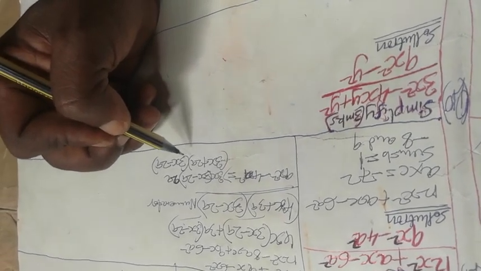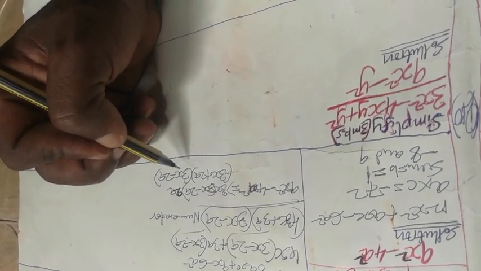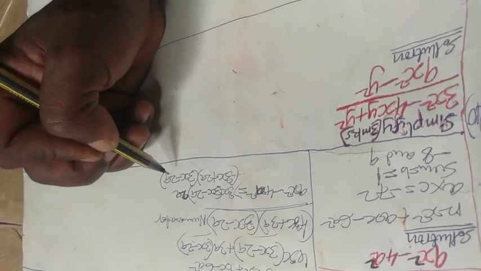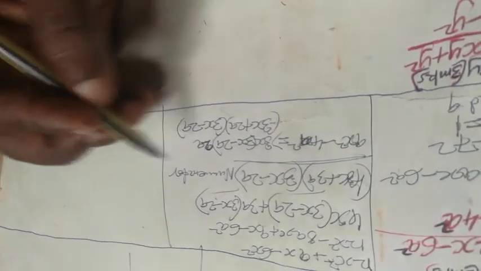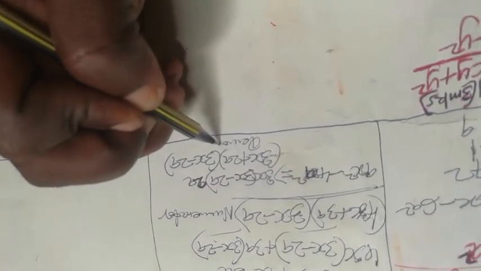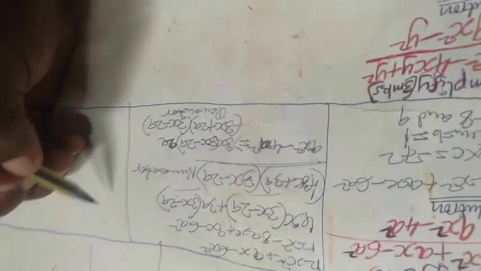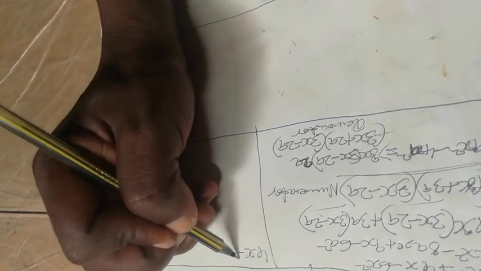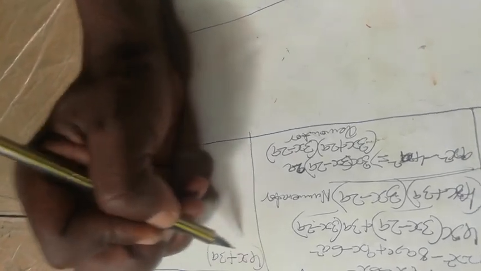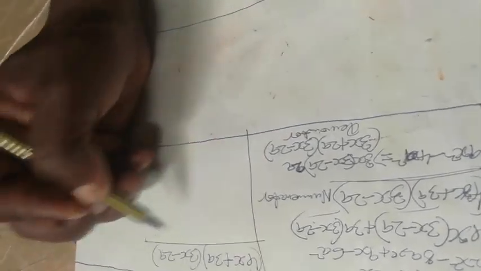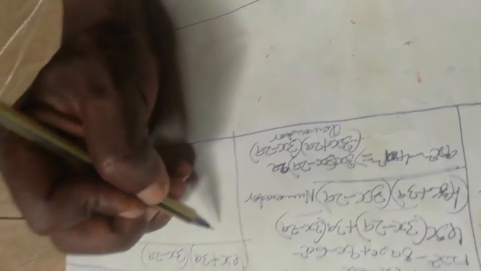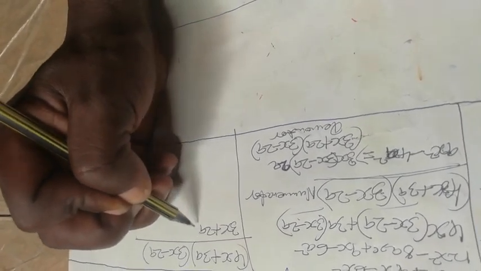This is our denominator. Our numerator is 4x plus 3a into brackets 3x minus 2a. Now our denominator is 3x plus 2a into brackets 3x minus 2a.